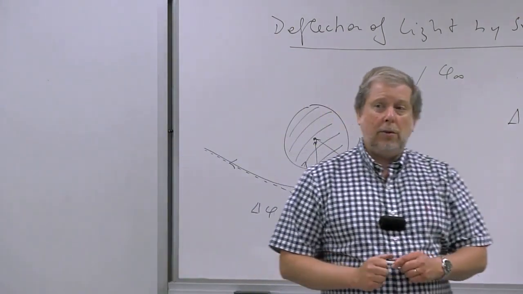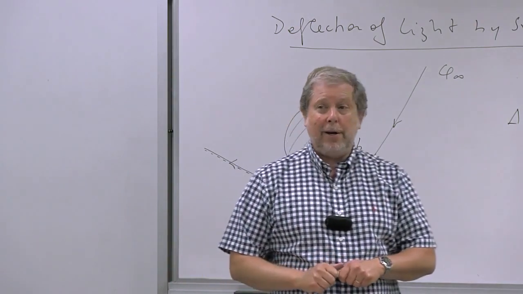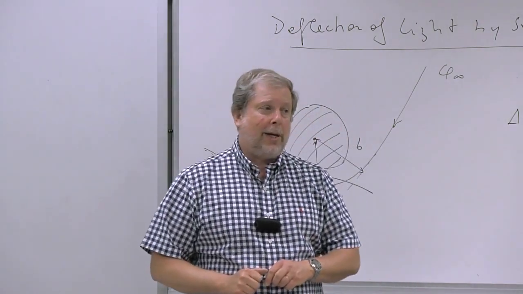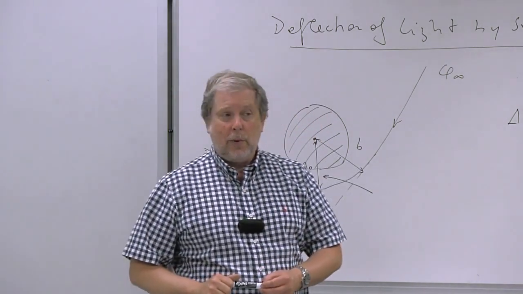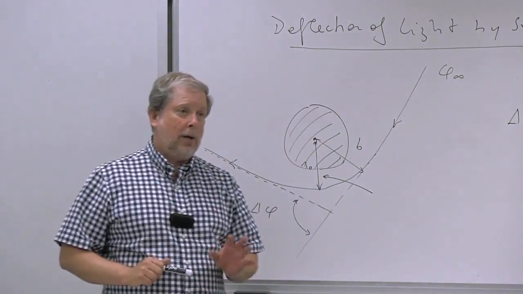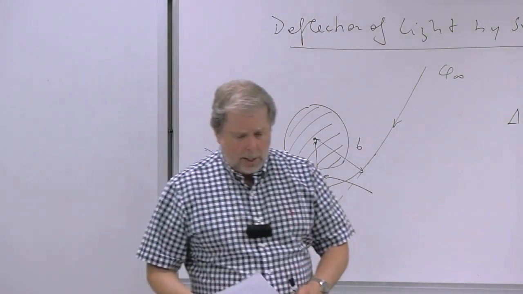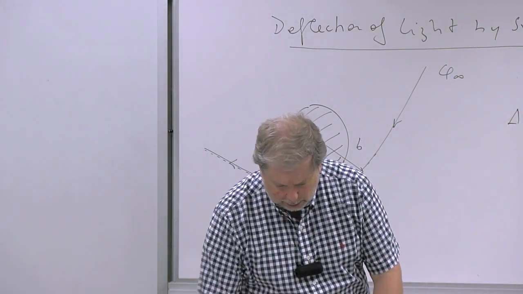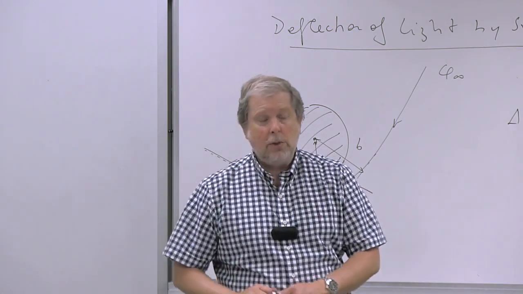And what Hipparcos is doing, instead of looking at just a few stars like Eddington did, it looks at 10 to the 5 stars. So if you're looking at 10 to the 5 stars, then you start to have significant statistics. And with that, now you can get better numbers. So the hope is that even these kinds of experiments are going to become more precise as time goes by.